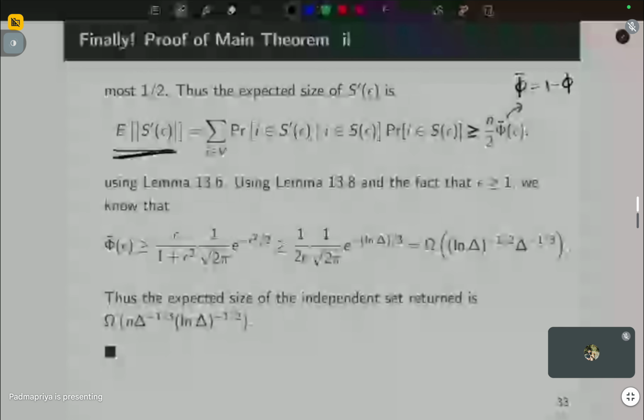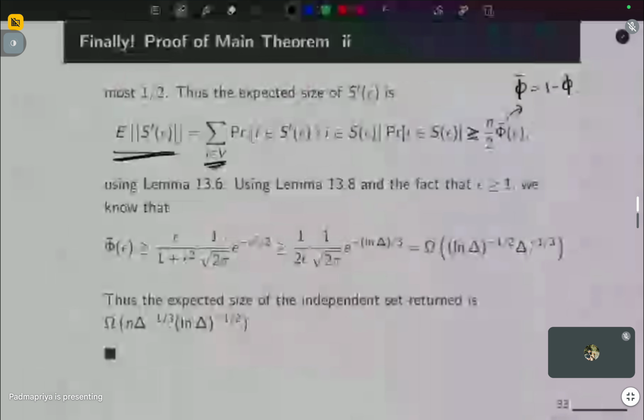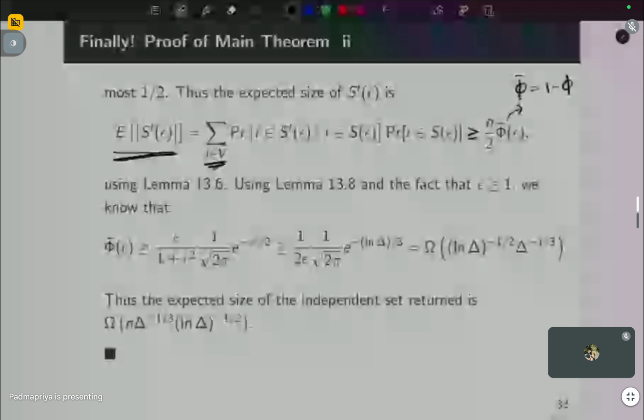So this just follows because we are taking it for all vertices. For each vertex, we know the probability is at most half. So for all vertices in Vi, the summation of the probability that i belongs to S prime given i belongs to S epsilon is bounded by this number. It's just by using the before lemma that we can say that.